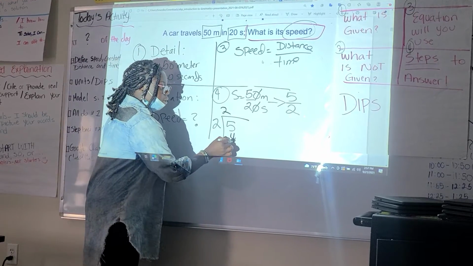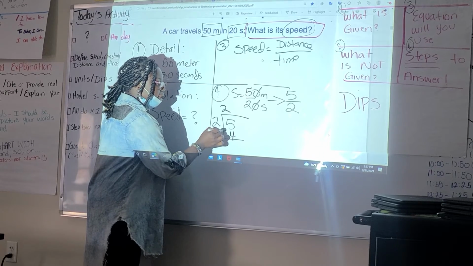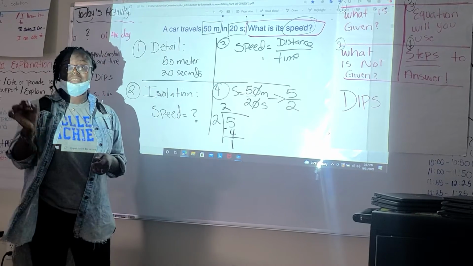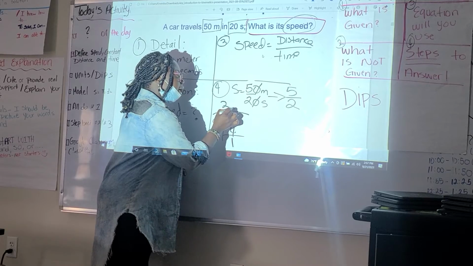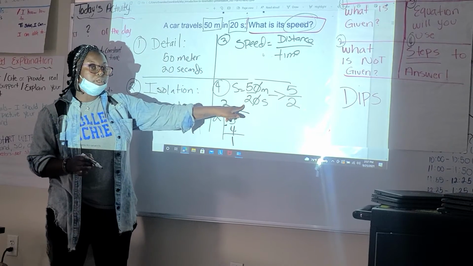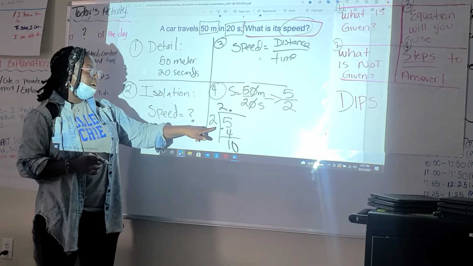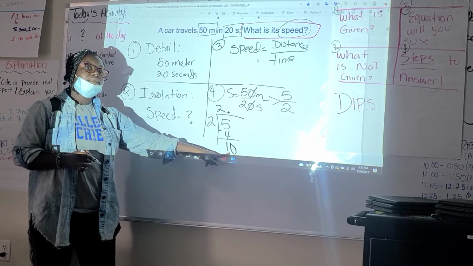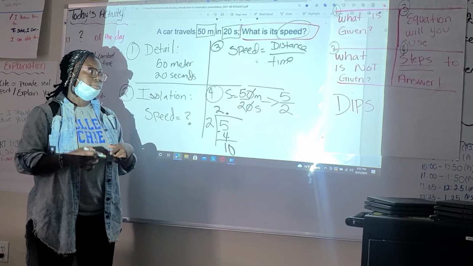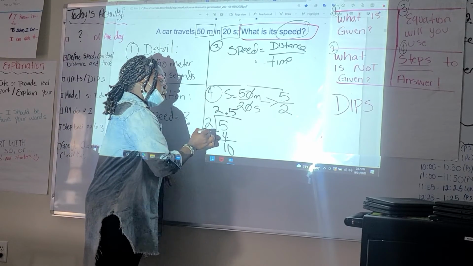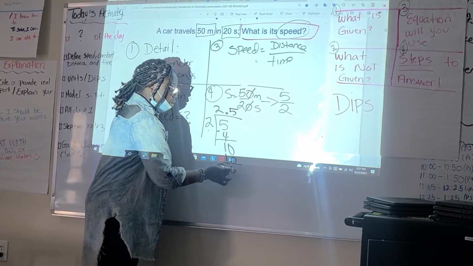4. Now 5 minus 4 gives me 1, and here's how we get that decimal point. Because we're moving it a new place value over, that's where that 0 comes into play. Now you have 2 can go into 10 how many times? 5 times, because 5 times 2 is 10.